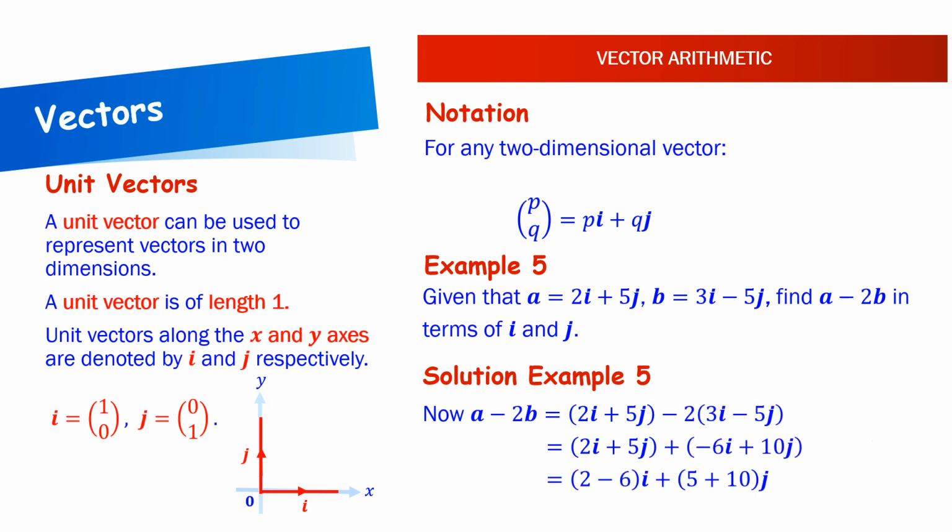Now collect together the i terms and the j terms. So here are the i terms, 2 minus 6i, and here are the j terms, 5 plus 10j, to give us minus 4i plus 15j.